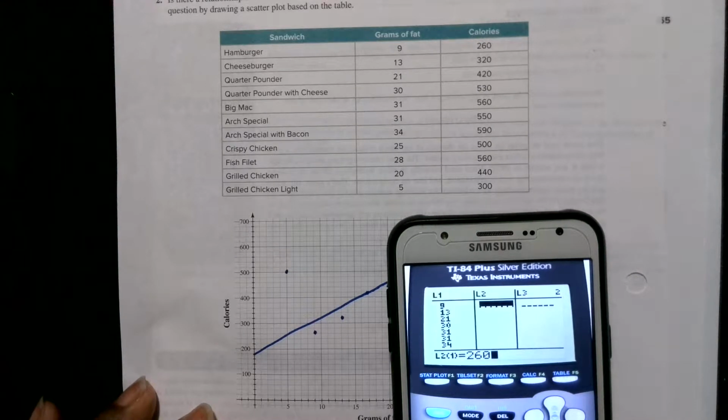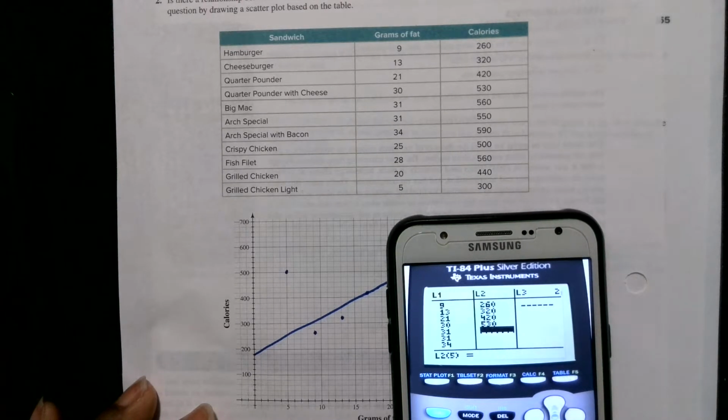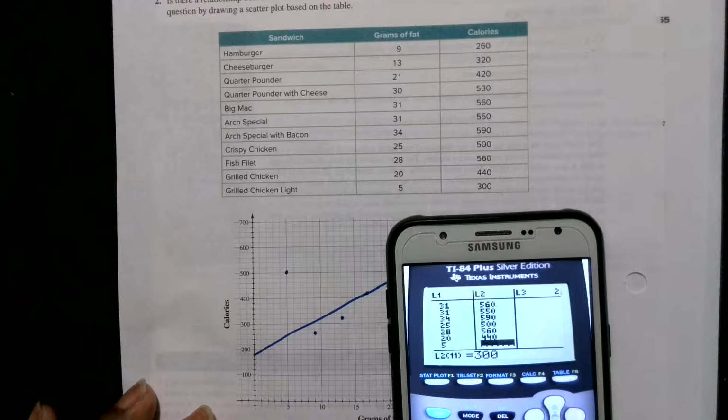Now we'll have 260, 320, 420, 530, 560, 550, 590, 500, 560, 440, and finally 300.